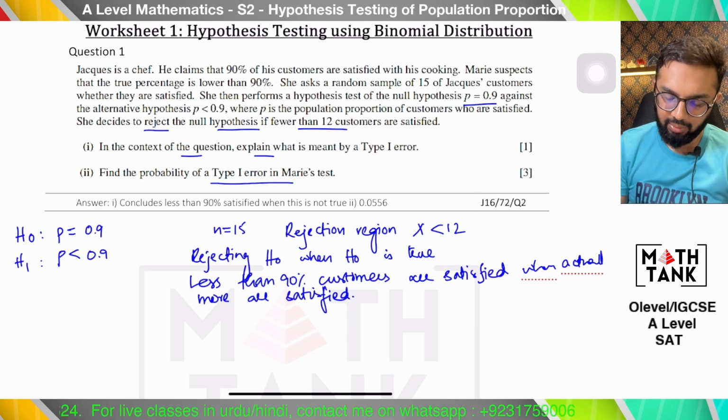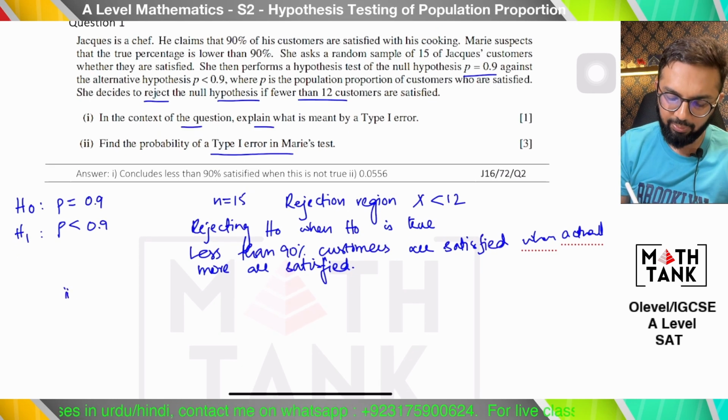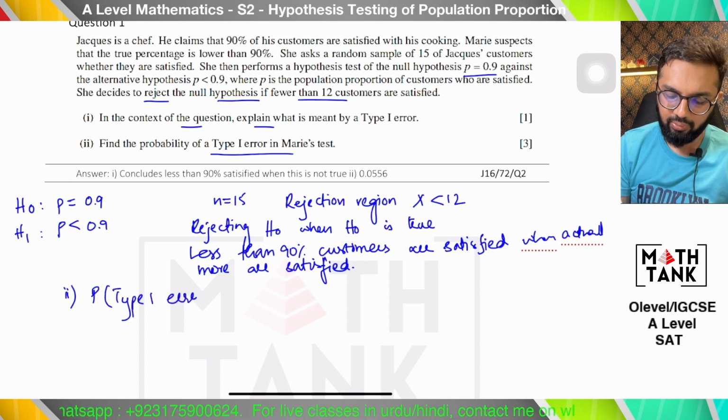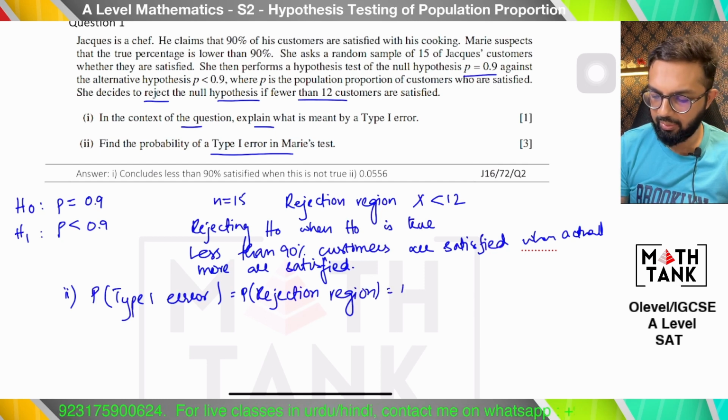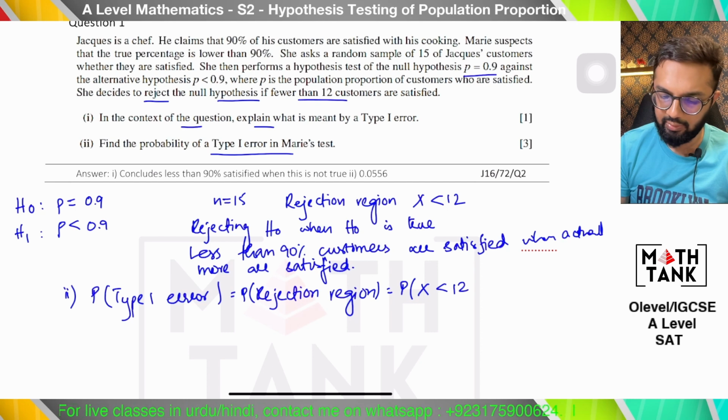Find the probability of a type 1 error. So the probability of type 1 error is basically the probability of the rejection region. So I'm going to say that this is the probability of x less than 12.